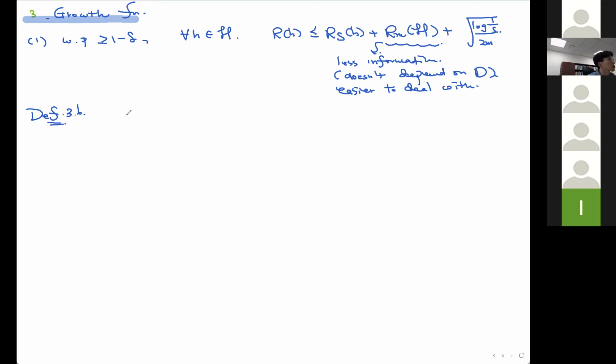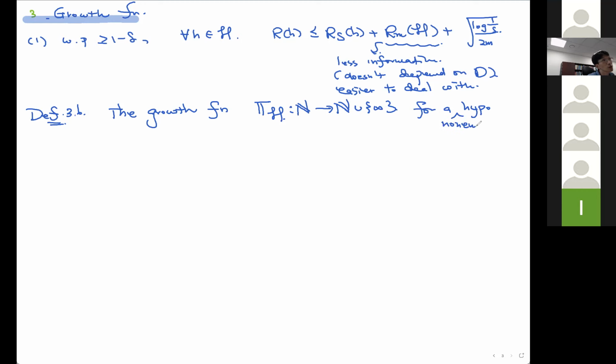The growth function, depending on our hypothesis set, is a mapping from natural numbers to natural numbers, actually natural numbers plus infinity, for a hypothesis set.